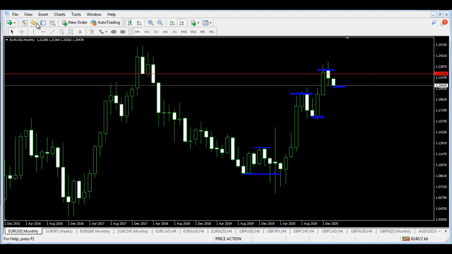Okay, I then decide on my support level. Now I want to just remove this here because I already see that that's the level that I want, because again we have a point where the one candle closes and the next one opens on the same level. Can you see that there?